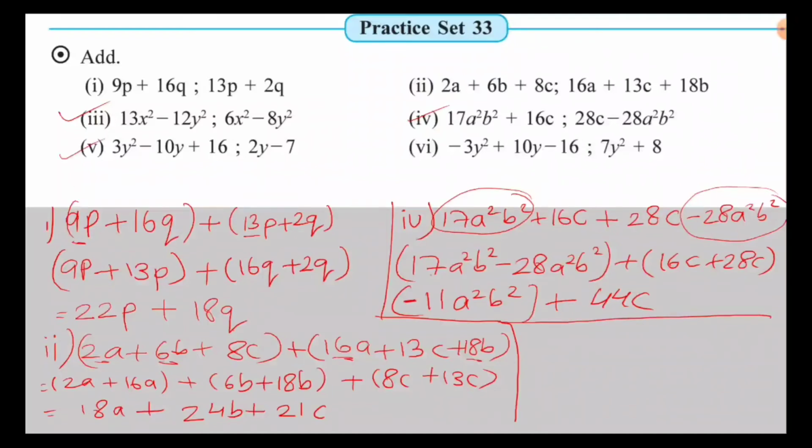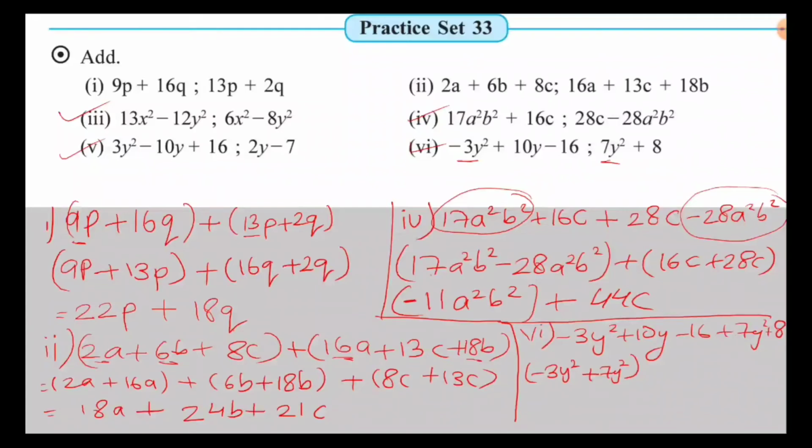Now the fifth sum is similar. The fifth sum will be your homework. Let me do the sixth sum for you. Sixth sum: minus 3y square plus 10y minus 16, plus 7y square plus 8. Now minus 3y square and 7y square are like terms, so we will be writing them together, minus 3y square plus 7y square.